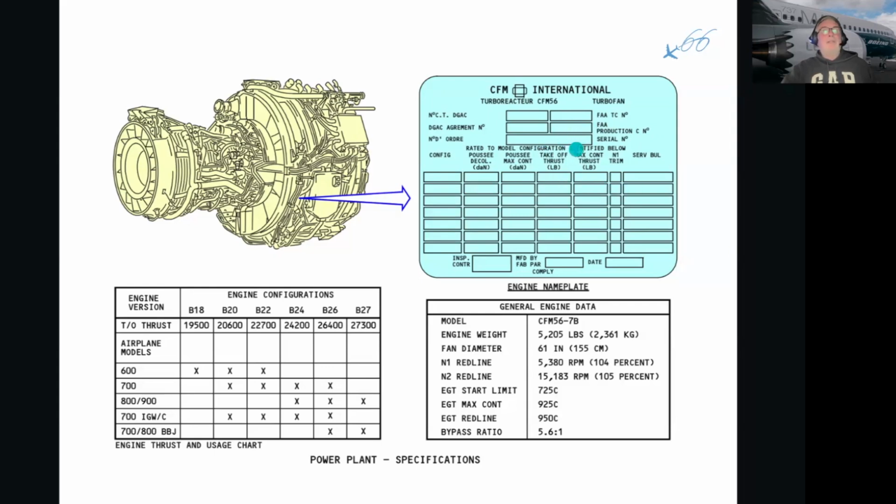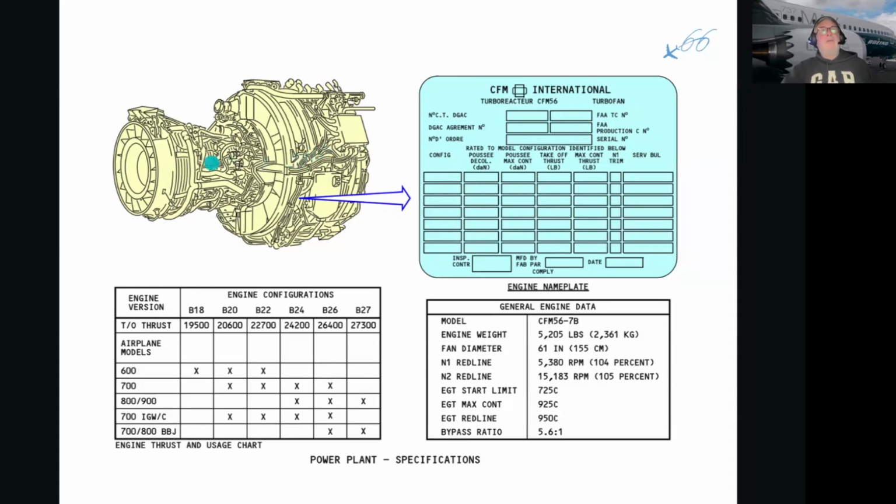With the thrust ratings, as you can see, we have an engine configuration thrust chart and how it works. You have a core engine, which could be fitted to a 600 or a 700 or an 800 or a 900.